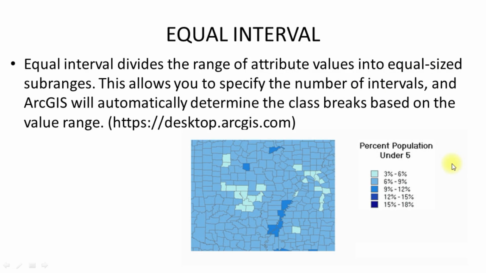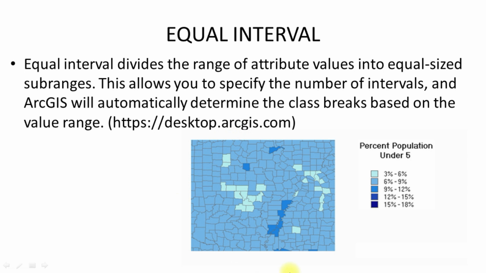So our next type is equal interval. Equal interval divides the range of attribute values into equal sized subranges. This allows you to specify the number of intervals, and ArcGIS will automatically determine the class breaks based on the value range.